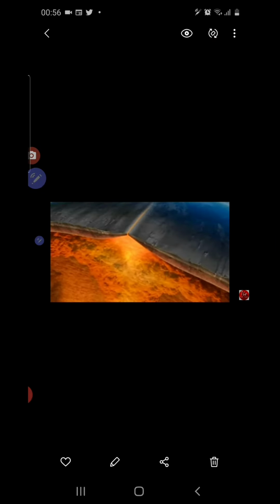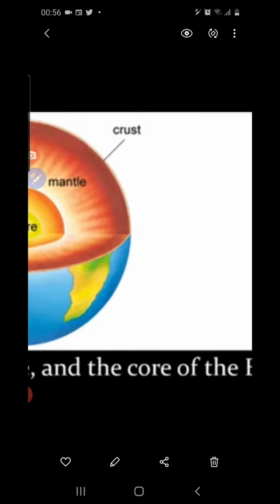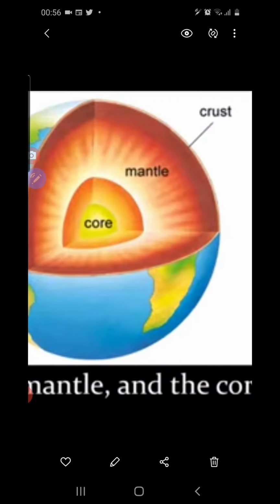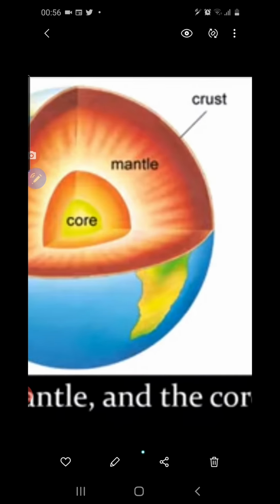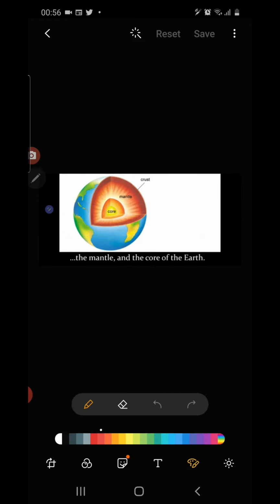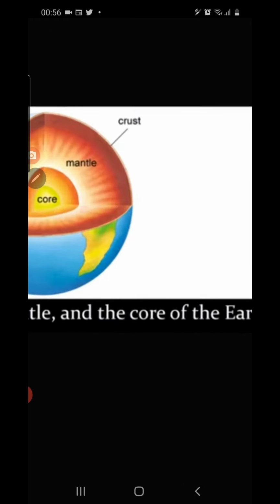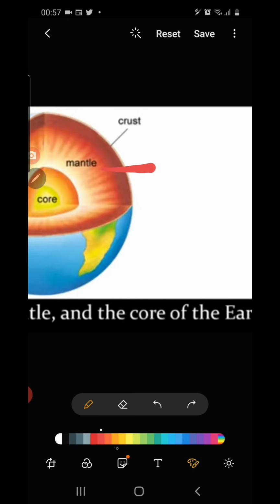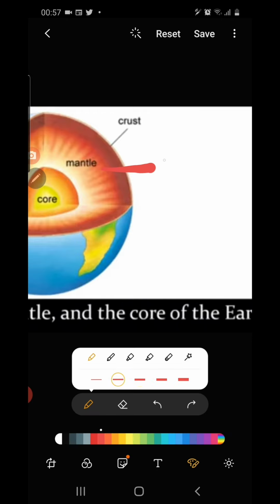We learned that the earth is divided into 3 important layers: the crust, mantle and core. Now you see the mantle here, and the mantle can be divided into upper mantle and lower mantle.